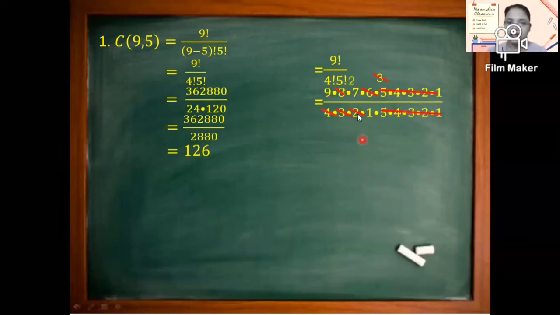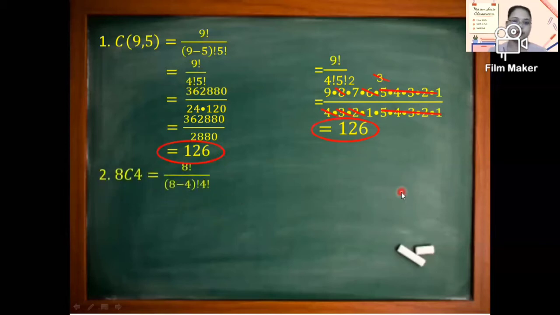So kung mapapansin natin, natira na lang number ay 7 times 2 times 9. So 7 times 2 is 14 times 9 is 126. Kung papansin natin, they are the same. Pareho lang po yung sagot. So, ibig sabihin, kahit alin po dyan sa dalawang yan ay pwedeng gawing solution for computing combination.